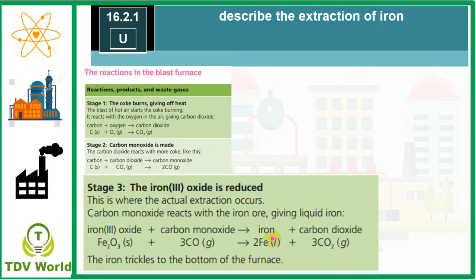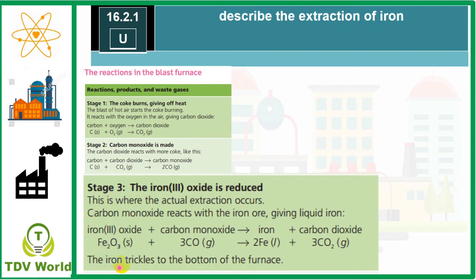So you have got iron oxide. This is going to be reduced. What does reduce mean? If you want to understand this very simply, you should understand oxidation and reduction by the removal or addition of oxygen, because that's the simple way you can understand.